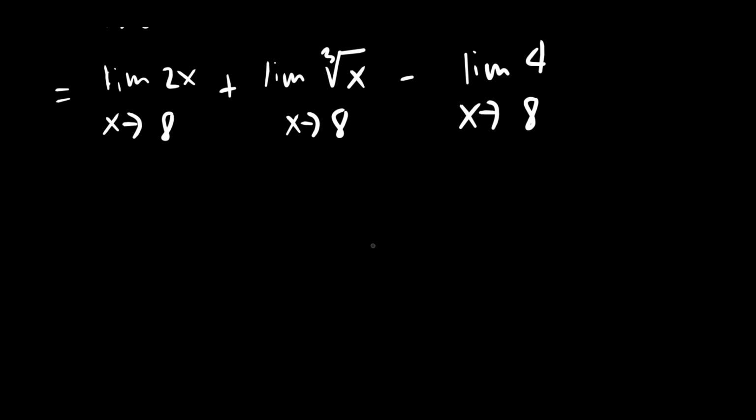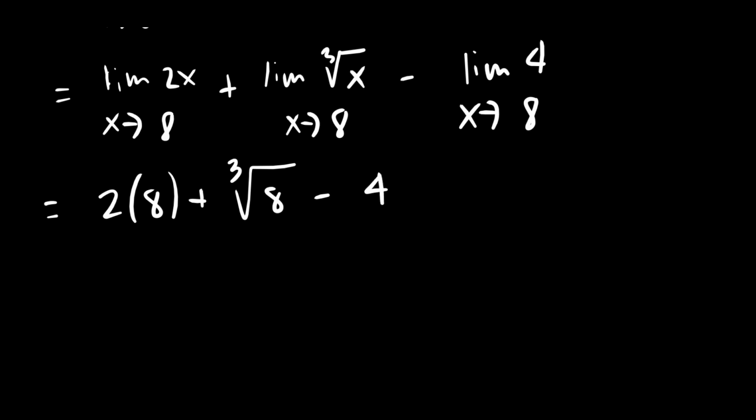So we'll have direct substitution, from the value 8 to x. So 2 multiplied by 8 plus cube root of 8 minus limit of 4 as x approaches 8, which is just equal to 4.